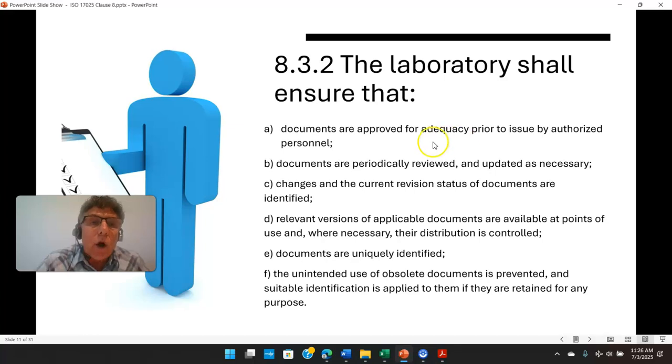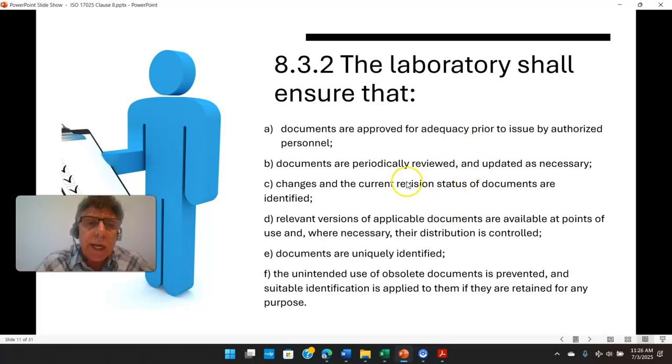Also ensure that documents are periodically reviewed and updated as necessary. In your document control policy, you might have something like we review our documents annually or biannually, or something to that effect. But they need to be periodically reviewed, and it's up to the laboratory to define that periodicity of review.